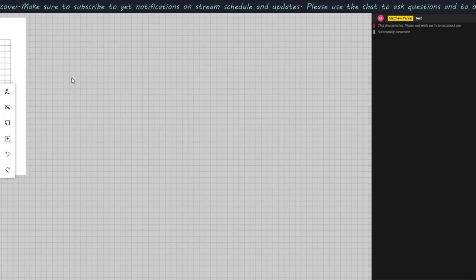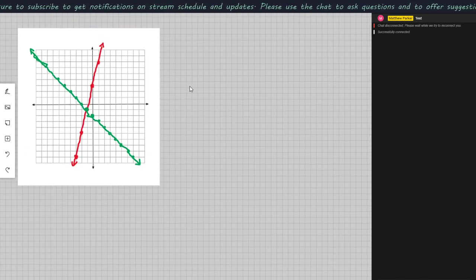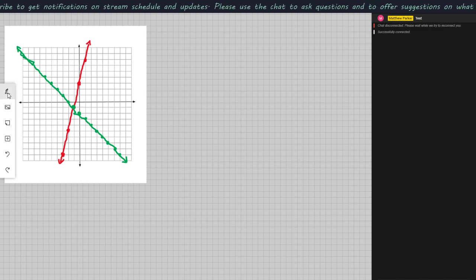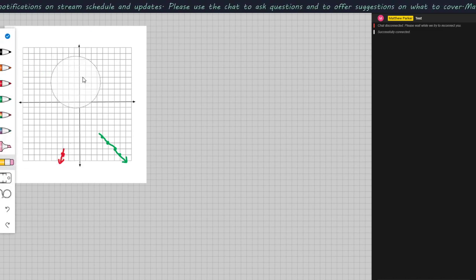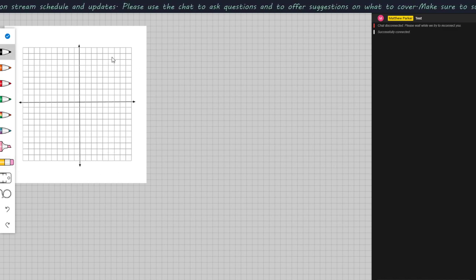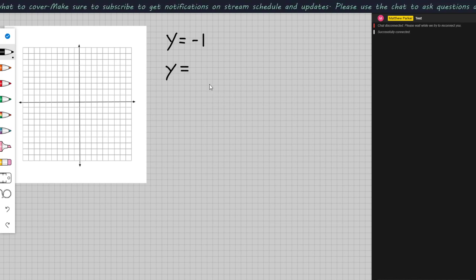So, 2. All right. So the equation we're going to use is y equals negative 1, and then y equals negative 5 halves x plus 4.